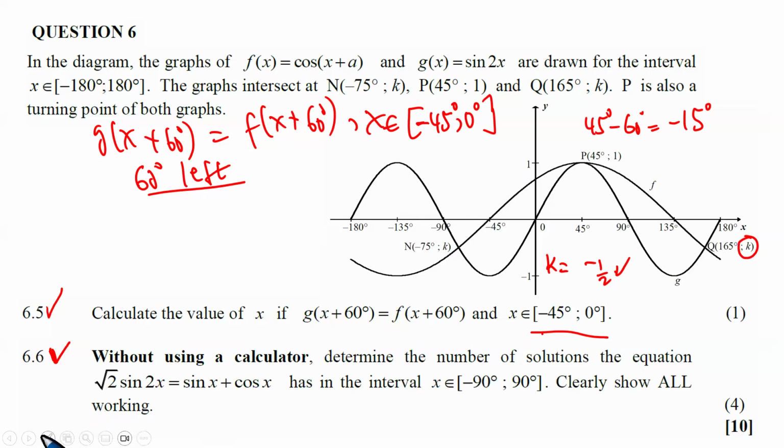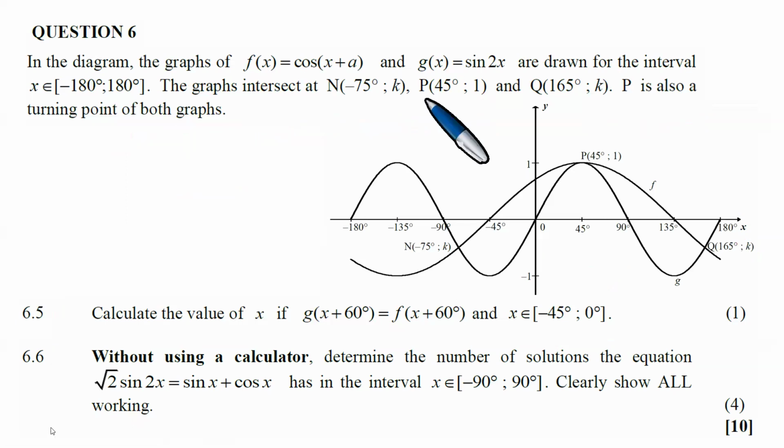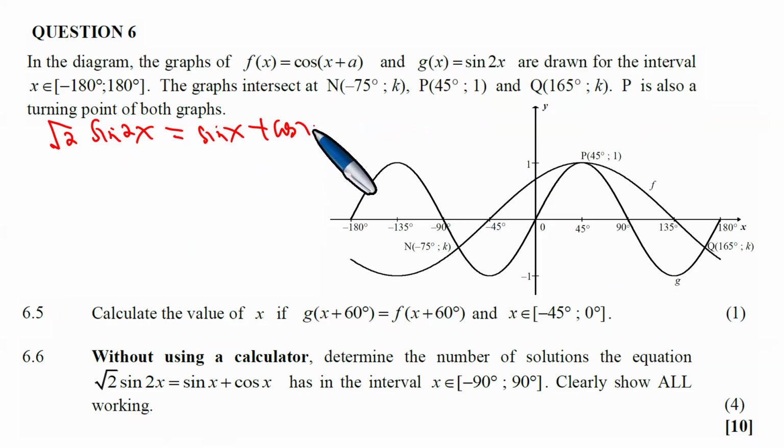For 6.6, we have the square root of 2 sine 2x, which equals sine x plus cosine x.